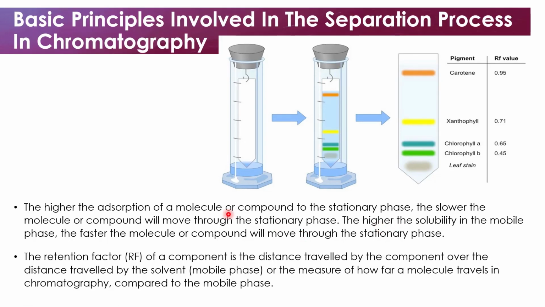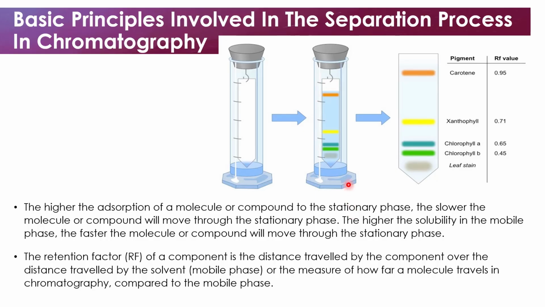So from principle, the higher the adsorption of a molecule or compound to the stationary phase, the slower the molecule or compound will move through the stationary phase. And the higher the solubility in the mobile phase, the faster the molecule or compound will move through the stationary phase.